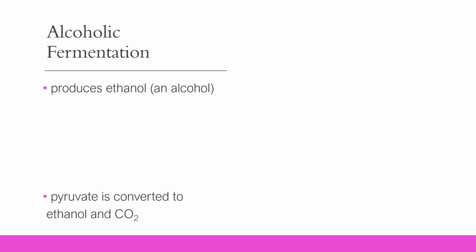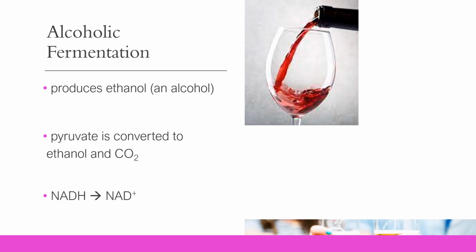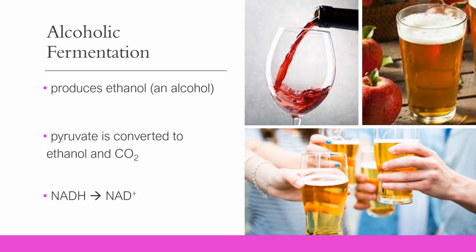Of the many fermentation pathways that exist, one of the most familiar produces ethanol, which is an alcohol. In alcoholic fermentation, pyruvate is converted to ethanol and carbon dioxide, while NADH is oxidized to produce NAD+. Alcoholic fermentation produces wine from grapes, beer from barley, and cider from apples.